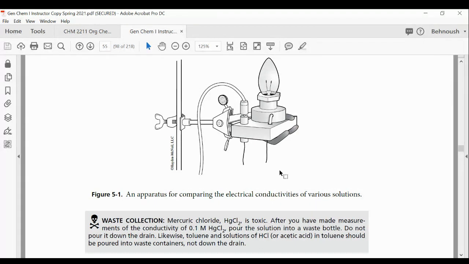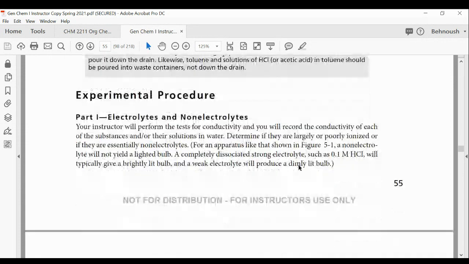If you place this inside the liquid, and electrons move from one pole to the other, the light bulb is going to turn on. That means the solution or substance you have is an electrolyte, and if not, it's going to be a non-electrolyte. If it gives you a dimmed light, it's going to be a weak electrolyte.